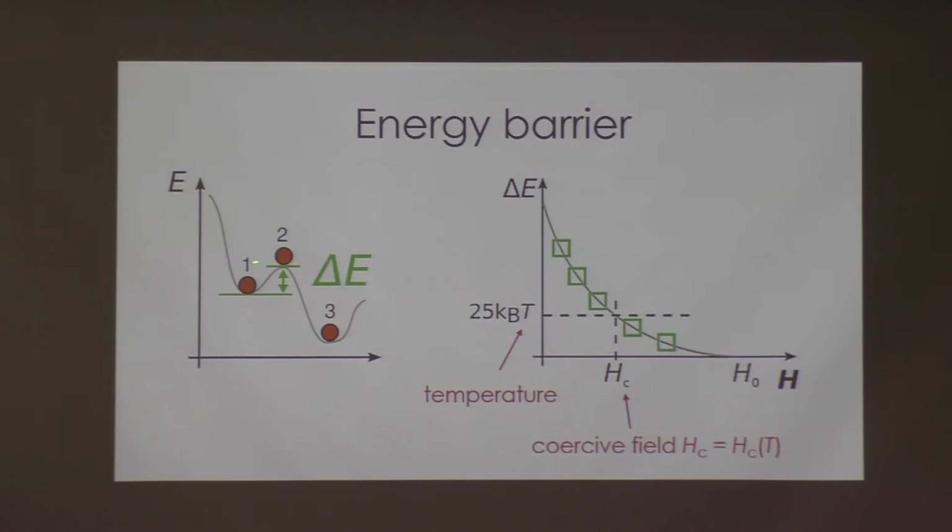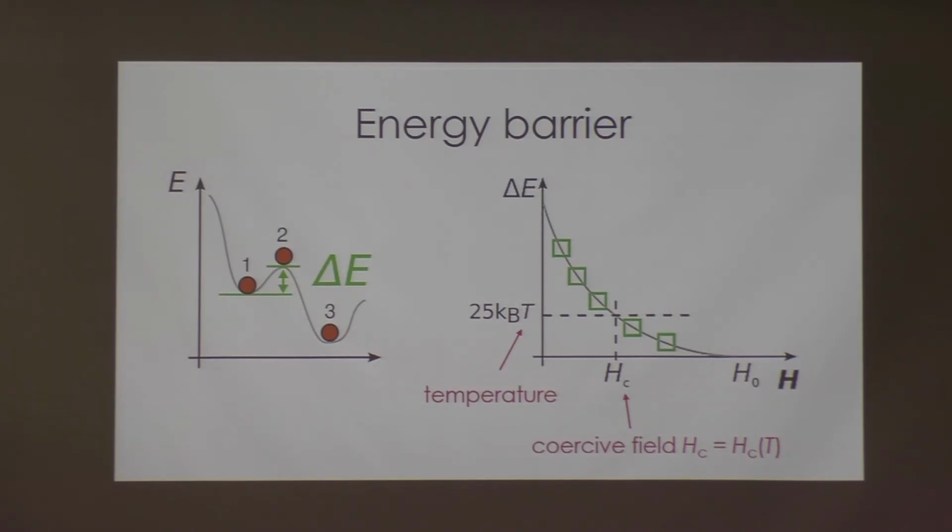We have to look at the energy barrier between the state where all the magnetization vectors are still pointing up and the state 3, where we already have reversed the magnetization. And in between state 1 and state 3, there is an energy barrier. If we compute the height of the energy barrier as a function of the applied field, we will get this curve here. And the energy barrier will become 0, so we can switch the magnet at the coercive field.